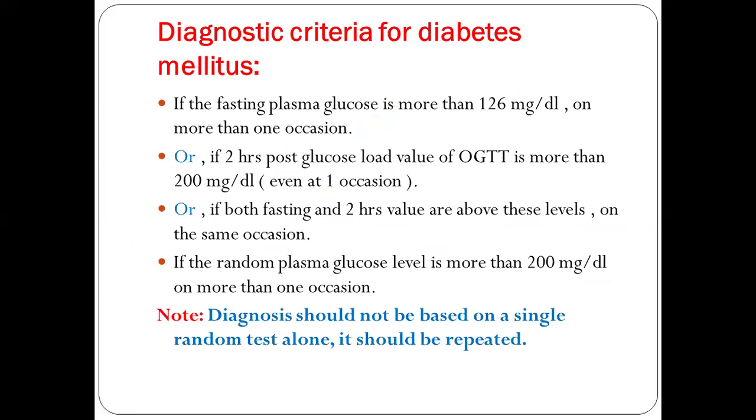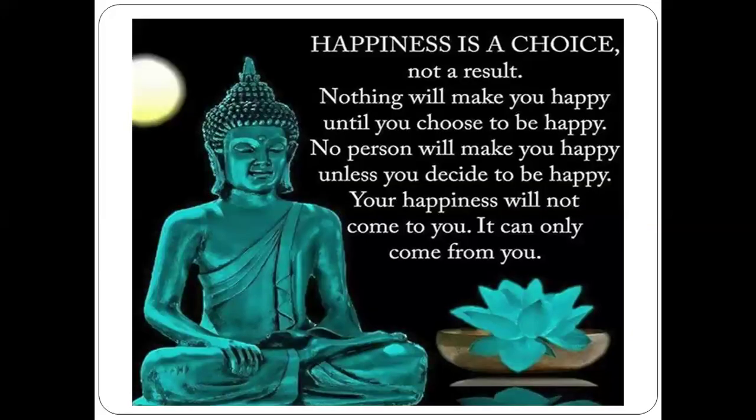And one thing, nowadays we are not going to do that much oral glucose tolerance testing. Why? Because it has lots of drawbacks. It will take almost 3 hours of time, and the patient has to stay in the hospital. So nowadays WHO advises measuring fasting blood sugar or postprandial blood sugar.